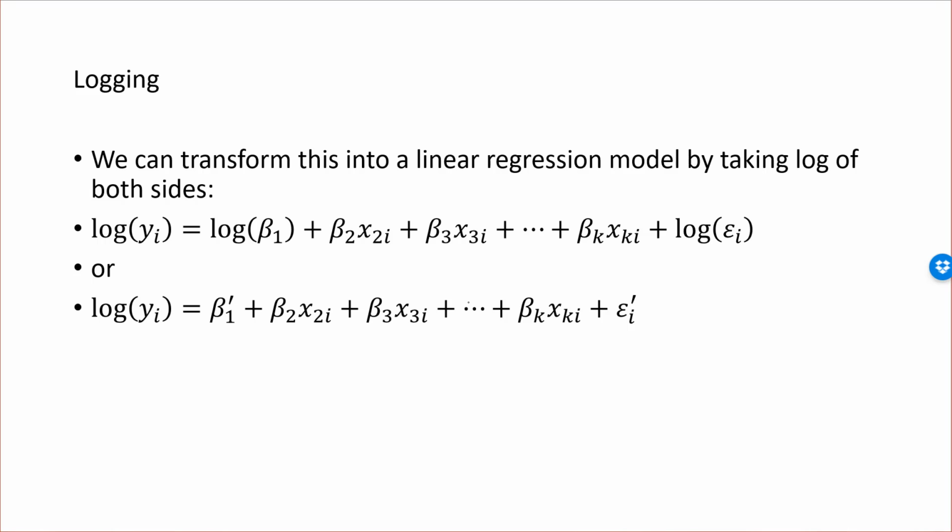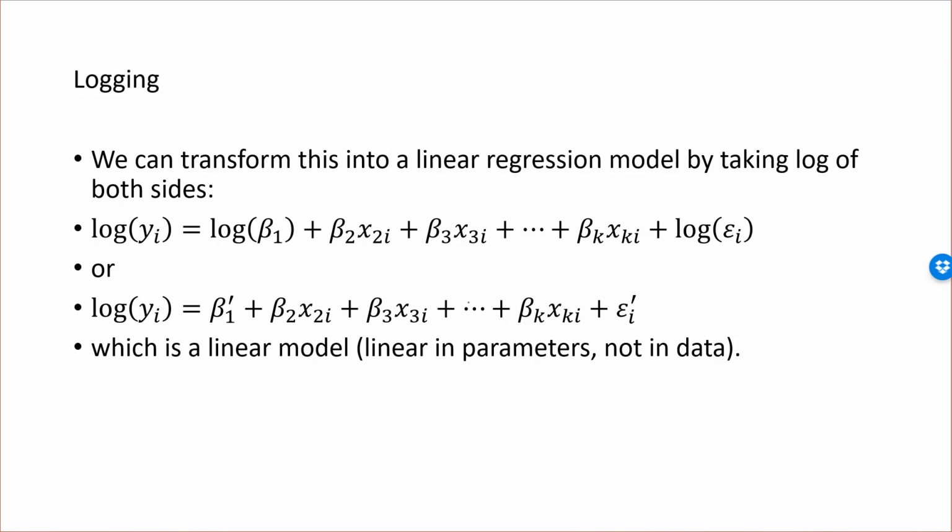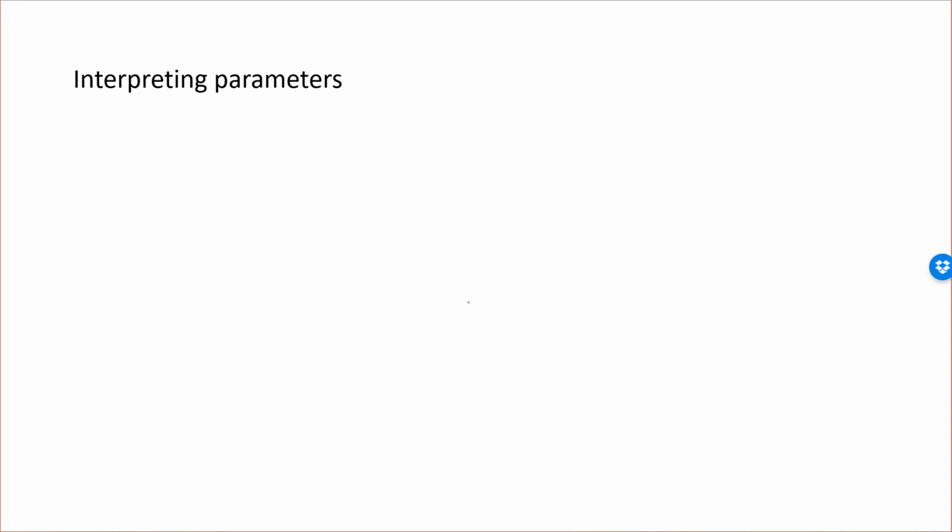Generalizing this whole thing, we conclude that it's a linear model in parameters but not in data. And so the interpretation of the parameters is as follows.